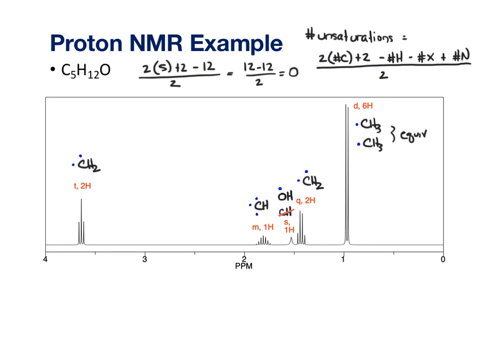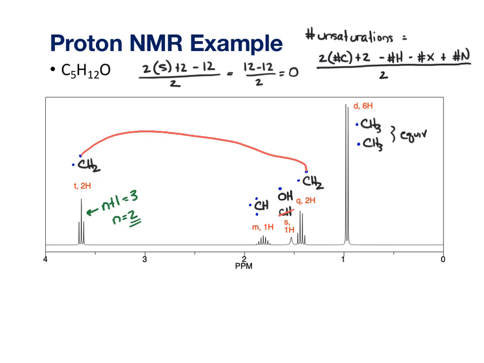Now use your splitting to help you out. This is split into 3 lines. N plus 1 is 3. N equals 2. That means the neighbor that it's connected to should have 2 hydrogen on it. Well, we're in luck. There's only one option. The CH2. So that works out.